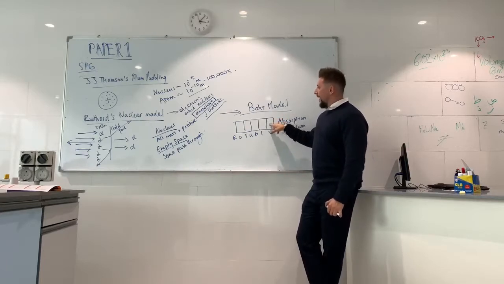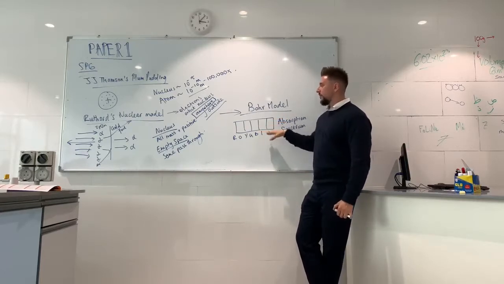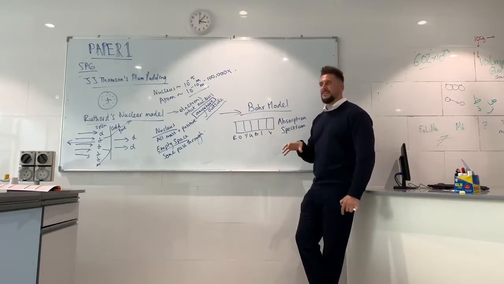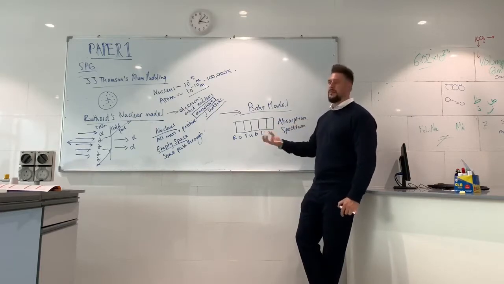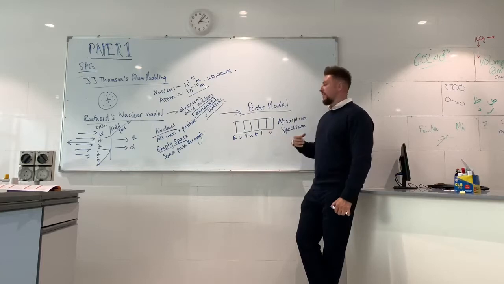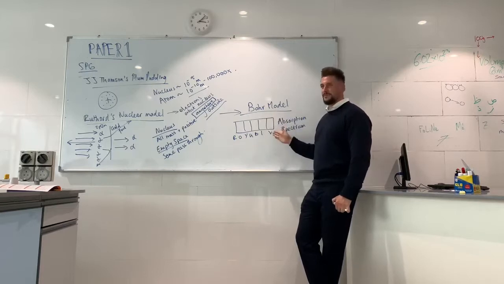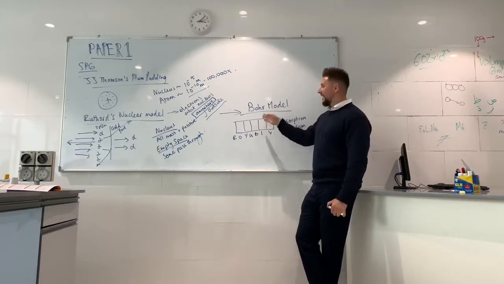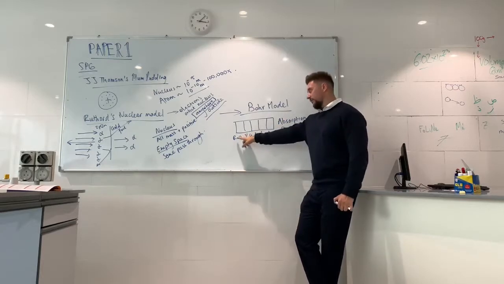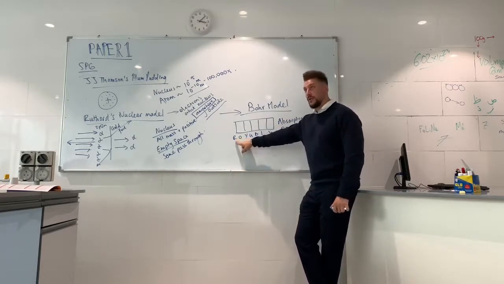But if you pass this spectrum of light through a specific gas, for example, of a type of element, for example, neon, and out the other side, you test what the spectrum looks like, you will get a spectrum with black lines. Now, those black lines on this spectrum represent the energies. Remember, red has the lowest energy, longest wavelength.